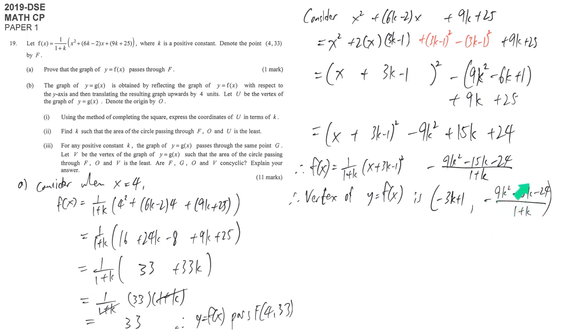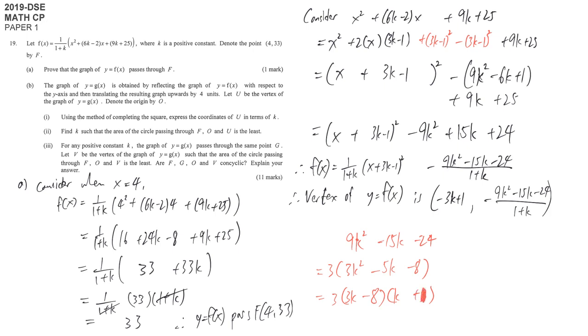But we should be more alert that this may be divisible, so we try to calculate in our draft 9k squared minus 15k minus 24, extract 3, and then this can be factorized. We may take minus 8 and then plus 3, that means plus 1 here.